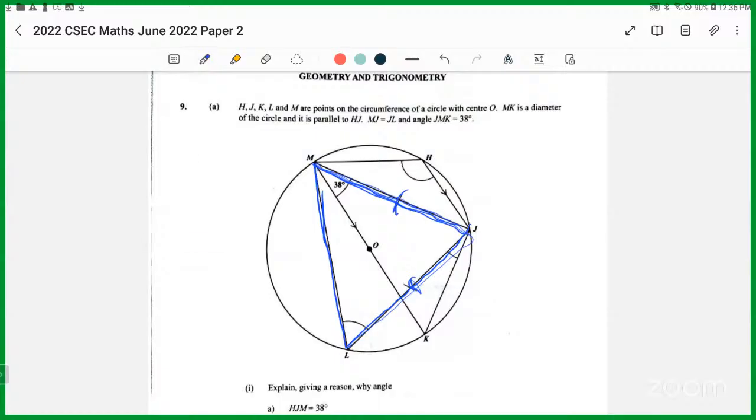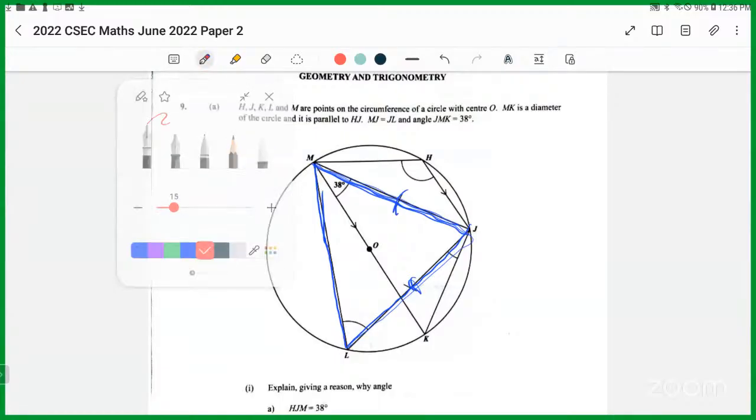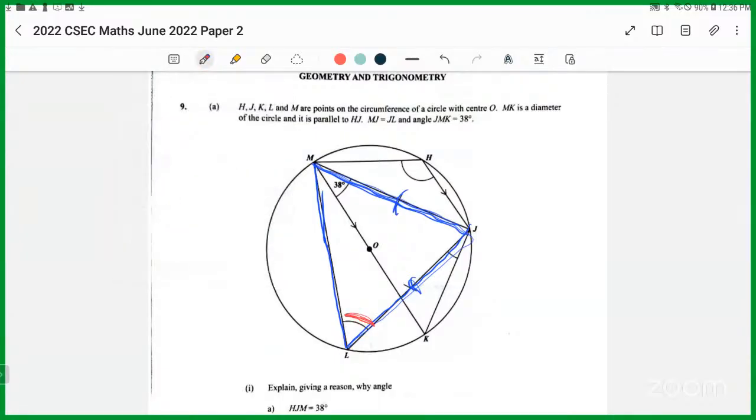And so the two angles opposite the two equal sides are the same. So this angle and this angle are the same. Remember, those two red angles are equal in that isosceles triangle. They don't give you these things for nothing.